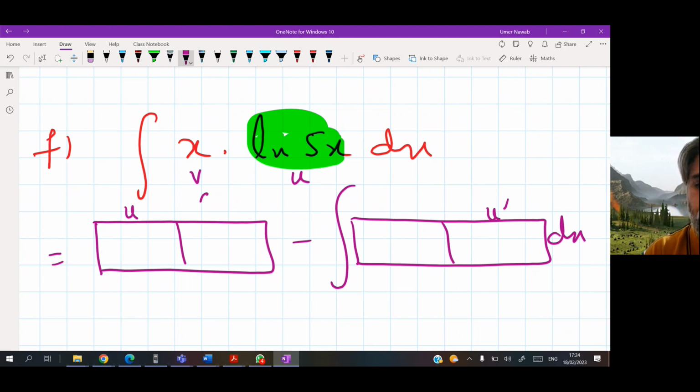U prime, integration of v, integration of v. Now u is ln of 5x. The derivative is 1 over 5x, reciprocate the argument, and the further derivative of 5x is 5.